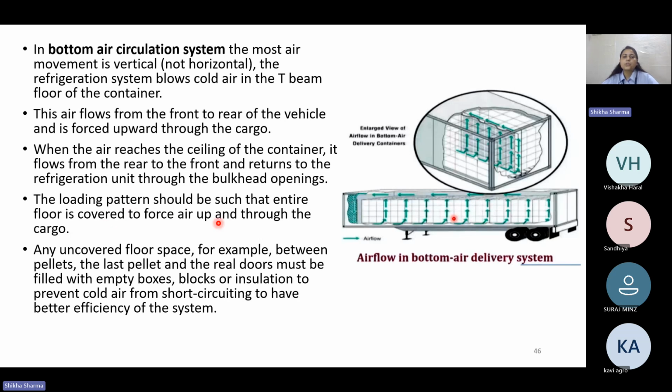The loading pattern should be such that the entire floor is covered to force air up and through the cargo. Any uncovered floor space, for example between pallets, or the last pallet and the rear doors, must be filled with empty boxes, blocks, or insulation to prevent cold air from short circuiting, for better efficiency of the system.